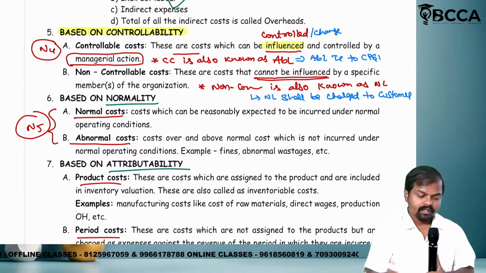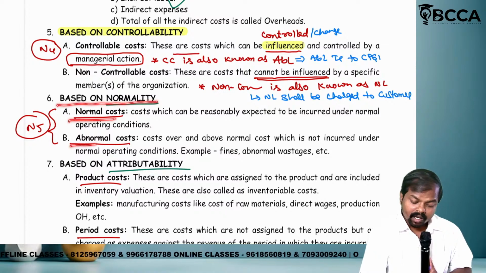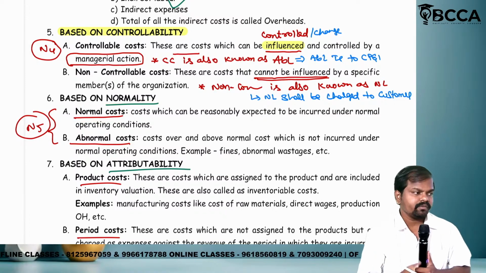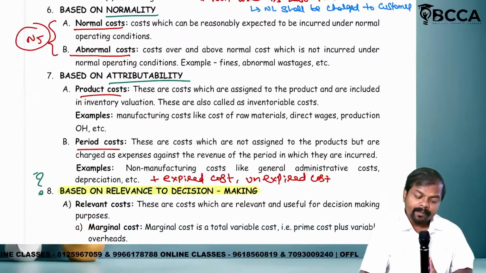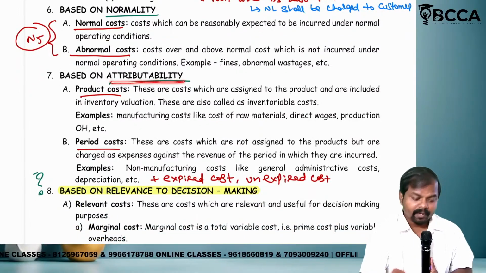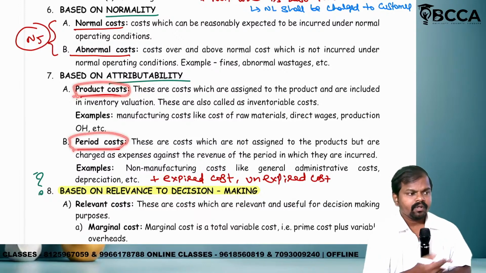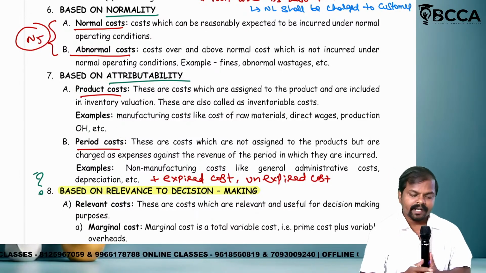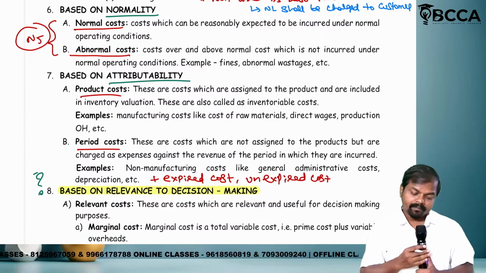Now, based on what? Normality. Normal cost, abnormal cost. We already discussed normal, abnormal. Clear? Next one, based on attributability. Number 1, product cost. Number 2, period cost, which we recently completed. What is meant by product cost given in the book?